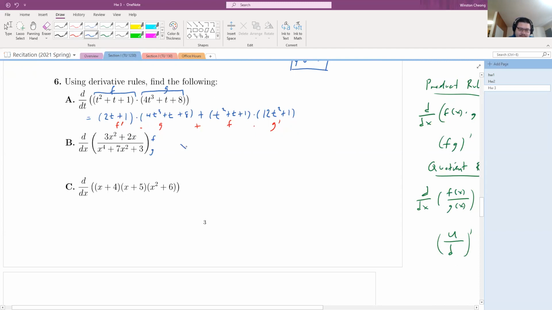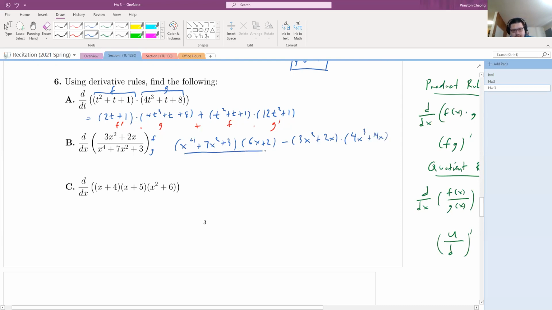So x to the 4 plus 7x squared plus 3 times, and then f prime. So it's going to be 6x plus 2 minus, and then f times g prime. So it's going to be 3x squared plus 2x times, and g prime is the 4x cubed plus 14x.